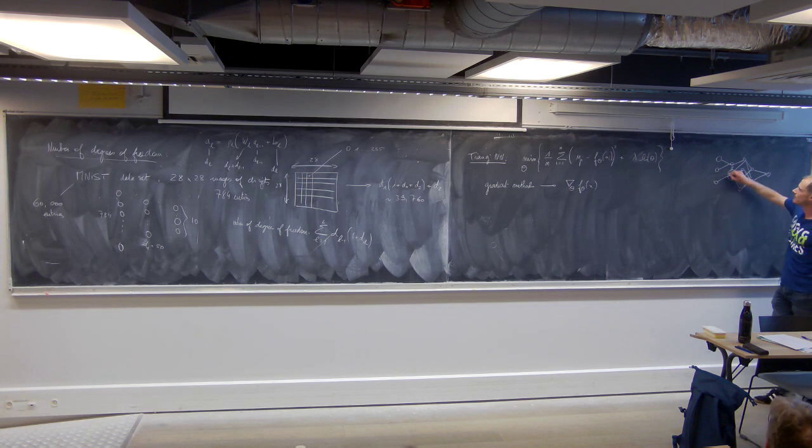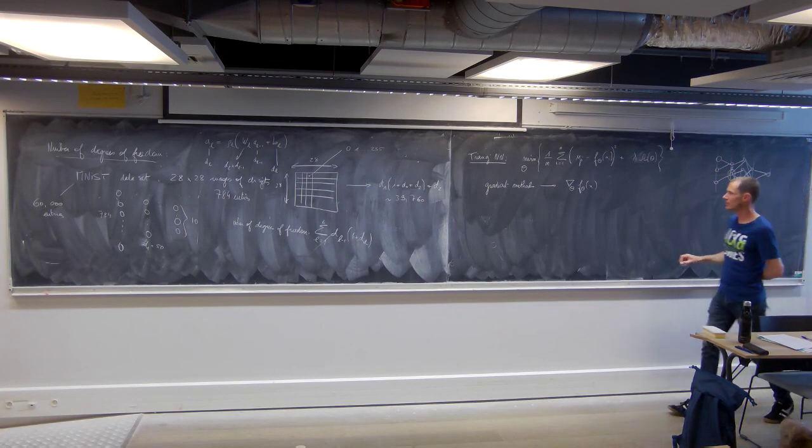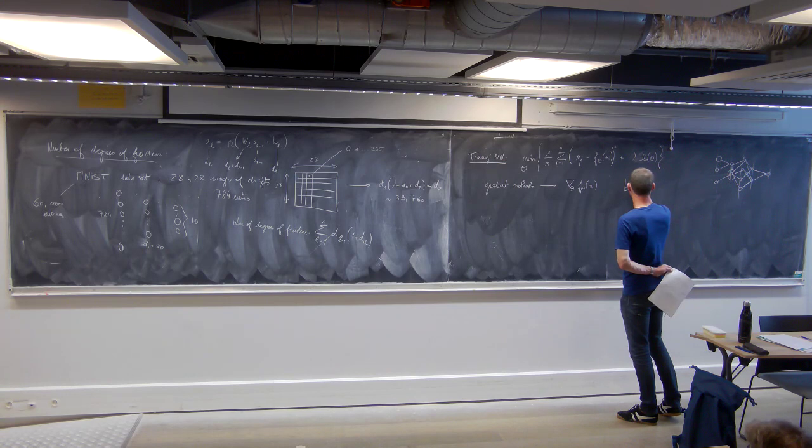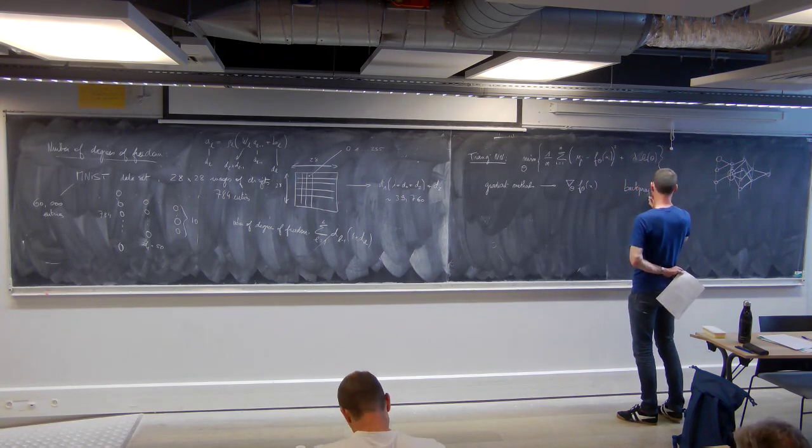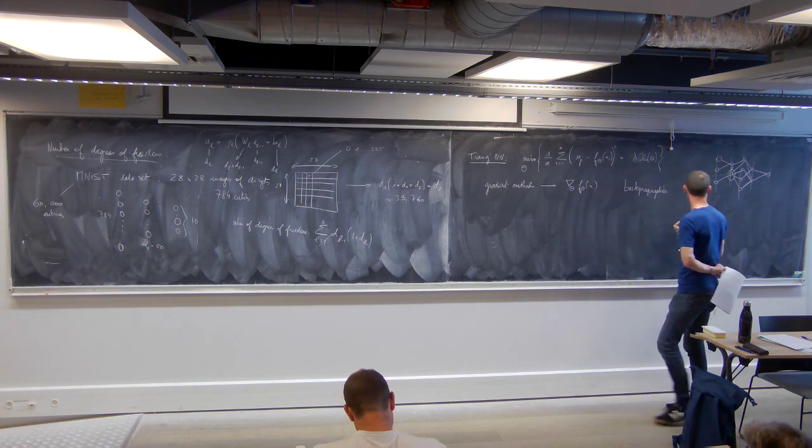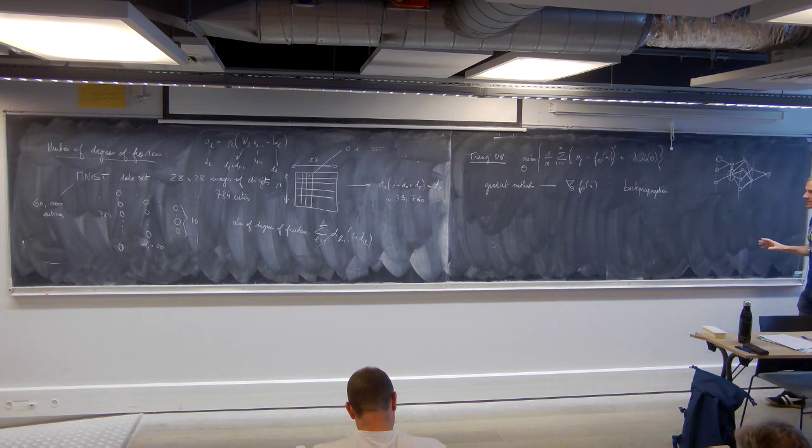So historically, usually that's a part that takes me an hour at least, because I'm really explaining how it works. Here I'll be extremely brief. I'll just say that there is a method called backpropagation for efficiently computing those derivatives.